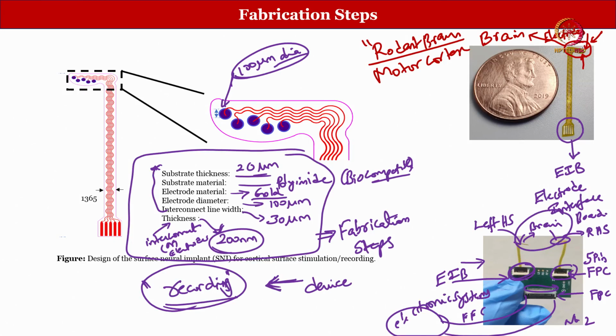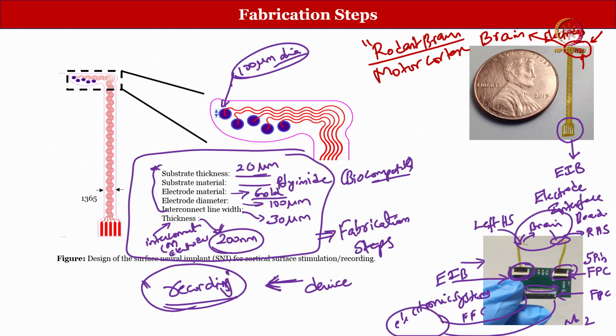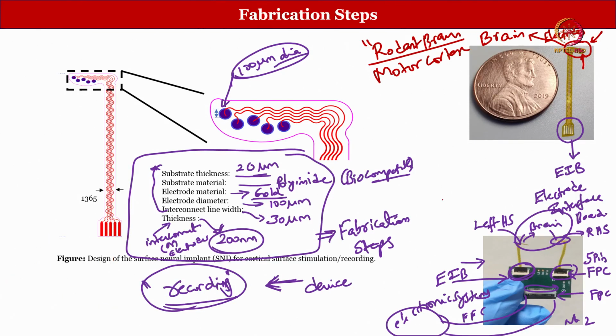Now if you look at this, only the electrodes, the 5 dots, should touch the brain tissue. I am just giving you the emphasis of this device such that the fabrication will look easy.